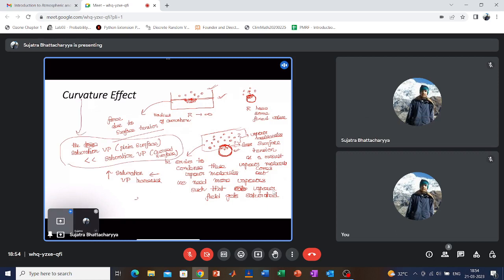What is this? Now E_S, the saturation vapor pressure for plane surface, is less than the saturation vapor pressure of the curved surface. That is the concept of the curvature effect.